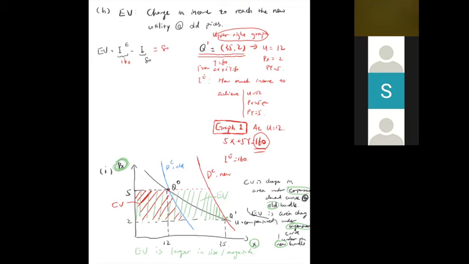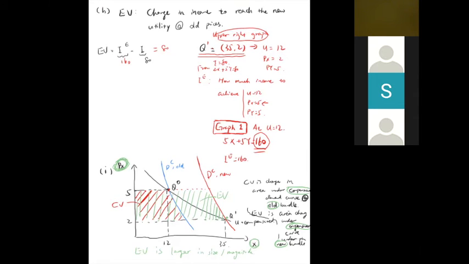So question 3, part A. For what range of prices will an individual farm produce cotton, and for what range will it shut down?